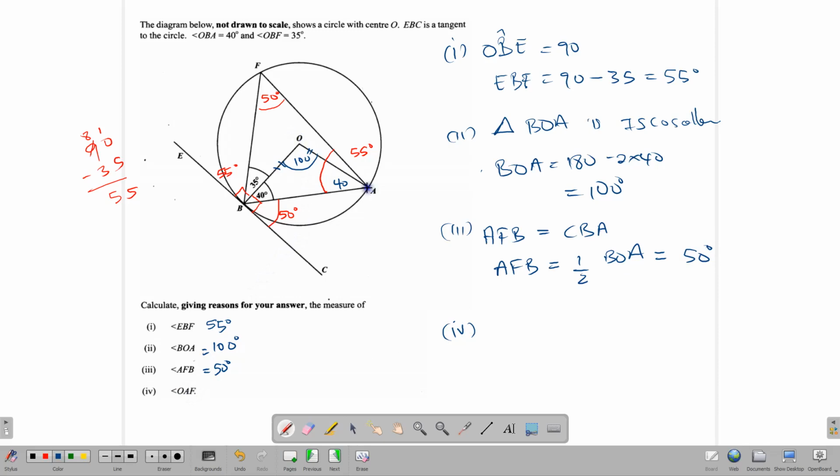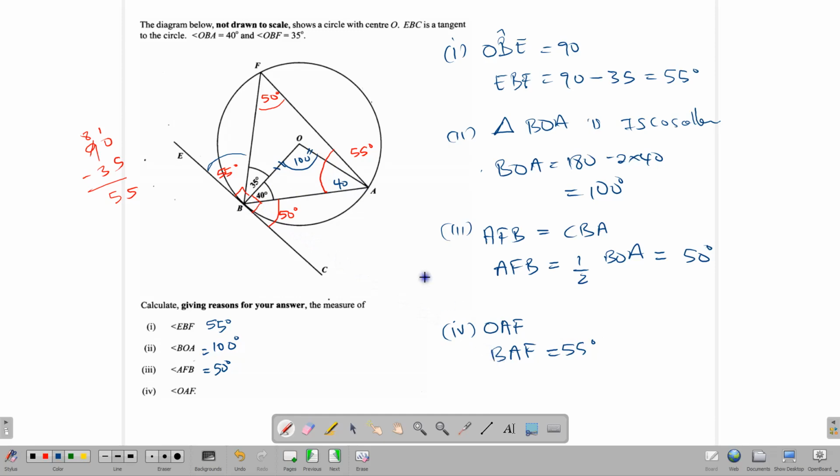OAF. Now, this is a nice tricky one. To find OAF, we need angle BAF. We know BAF here is equal to 55 degrees. We got that answer from over here on this side, where the angle between this tangent and this chord was 55 degrees, which is the same as the angle drawn on the chord. So BAF is equal to 55 degrees. And from the isosceles triangle here, we know that angle OAB is equal to 40.